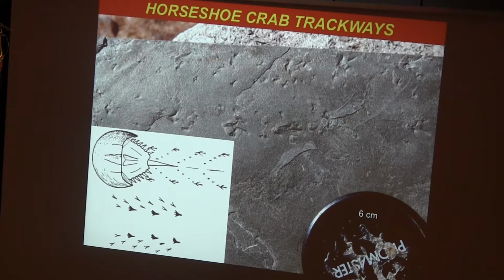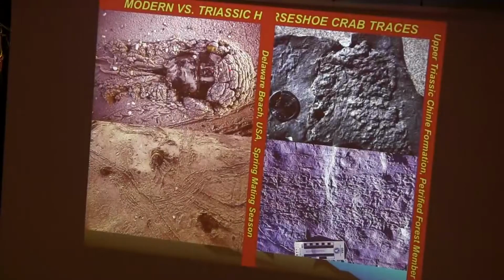Same pattern. These are from off of Delaware Beach, the spring mating season, or spring is actually early summer mating season. Leaving all sorts of trails and head capsule marks. These are examples from the Upper Triassic Chinle Formation, Colorado Plateau. Same sorts of patterns. These are freshwater as well.